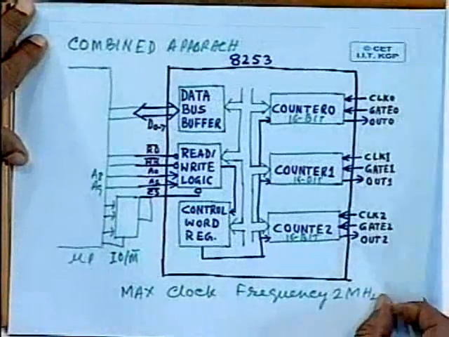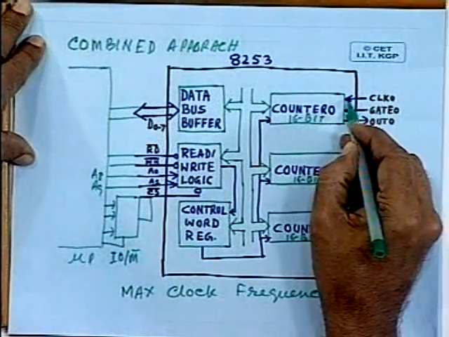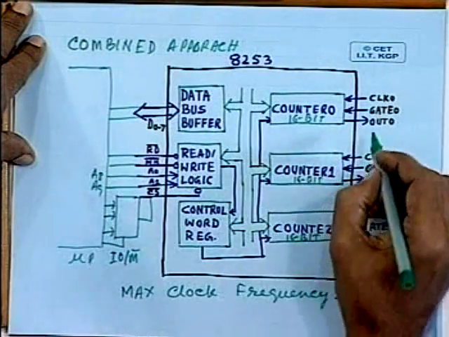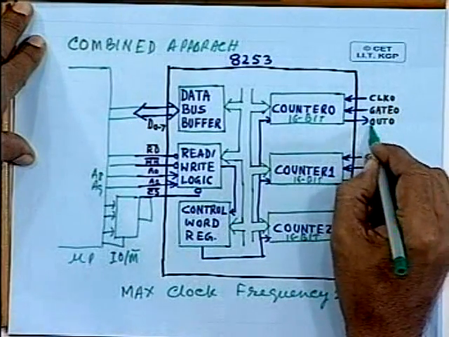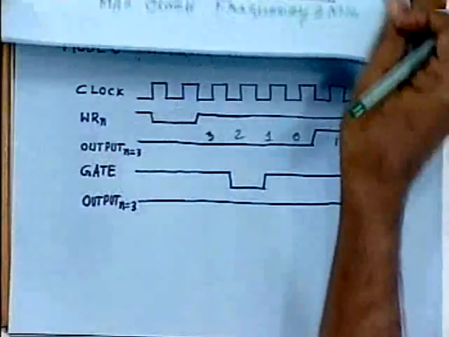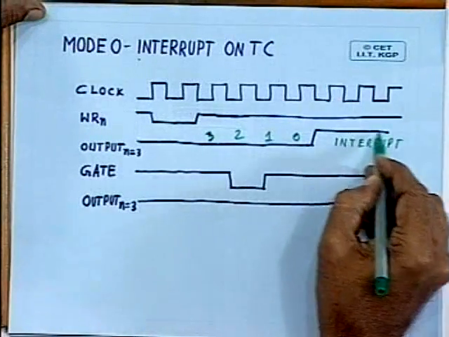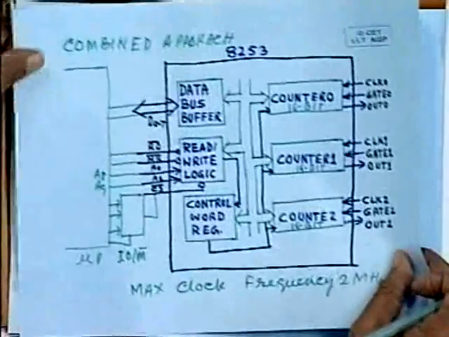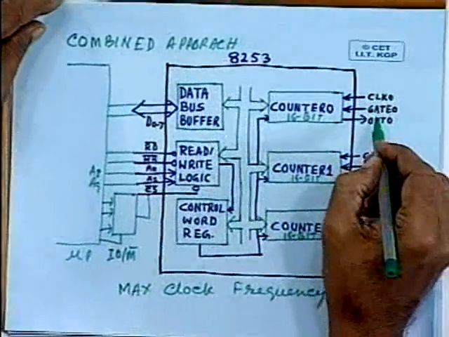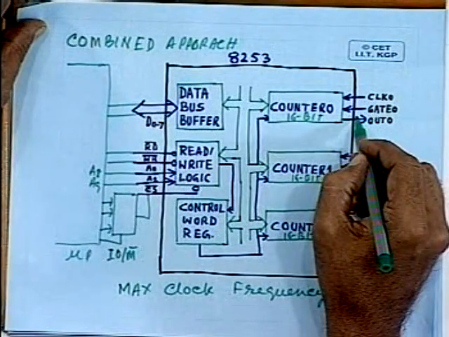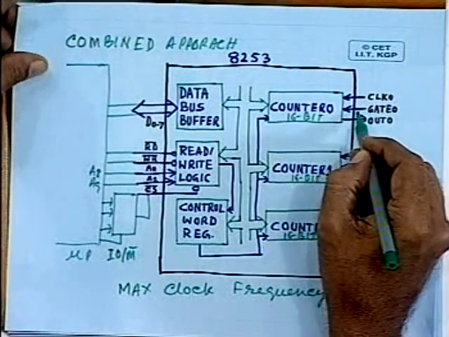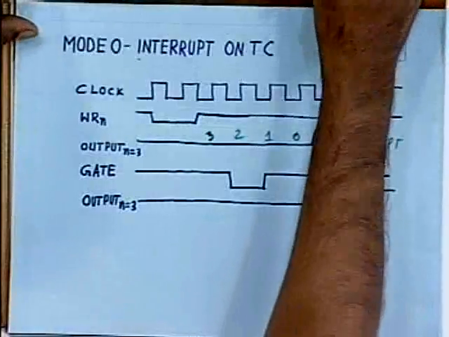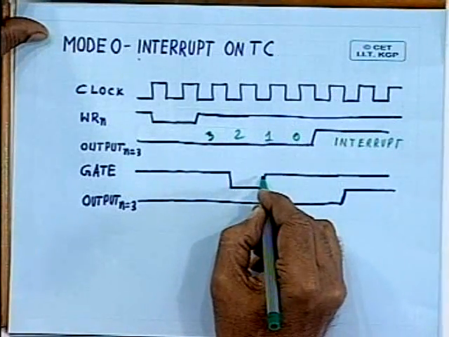Now we have seen the operation of the clock input, where you have to apply a clock, and on this line OUT you are generating this particular signal, which is used to interrupt on terminal count. What is the role of this gate input? With the help of this gate input, this countdown can be inhibited.